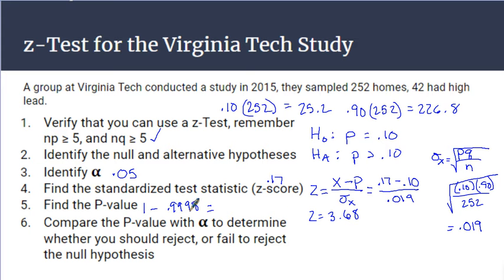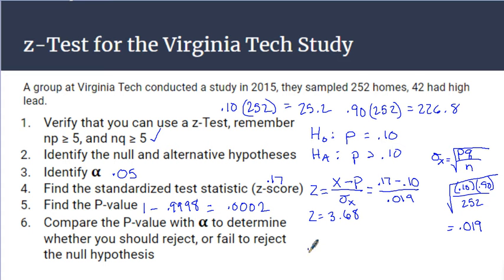So 1 minus 0.9998 gives me 0.0002. That is the probability of getting a sample proportion of 17% if the real proportion of the whole city was 10%. 0.0002. Not very likely.